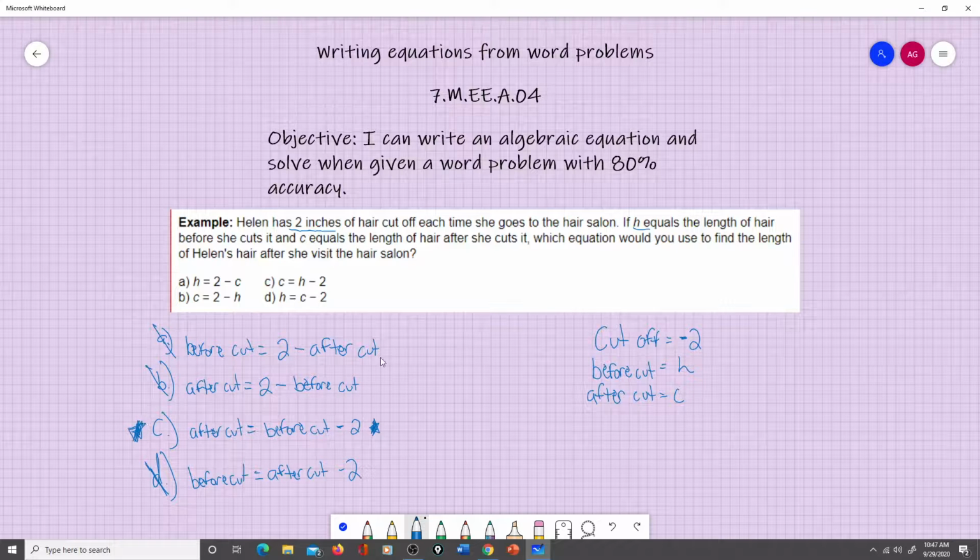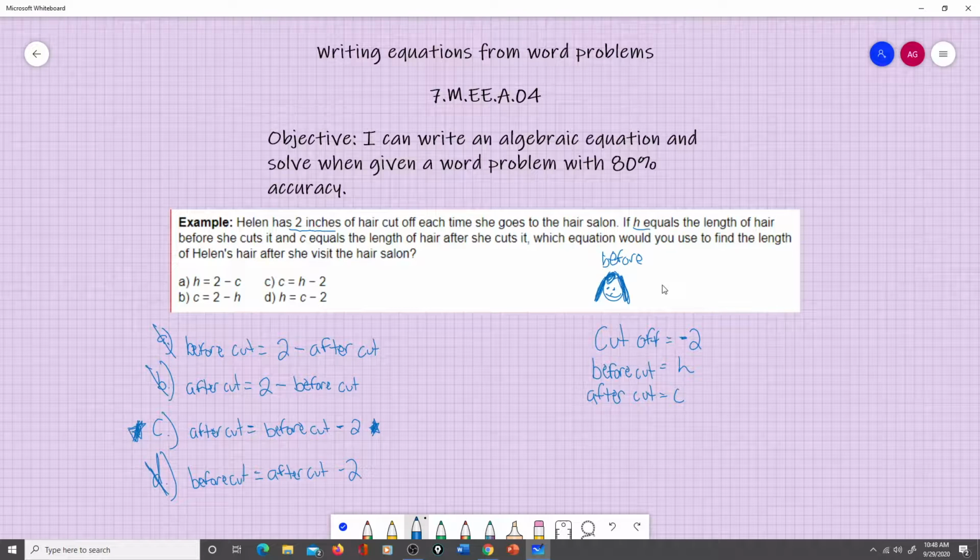So for a lot of these word problems, what we want to do is write out the scenarios and see how it makes sense. Helen has 2 inches of hair cut off each time she goes to the salon. Even if we did it as a picture, here's hair, and we could call this before.